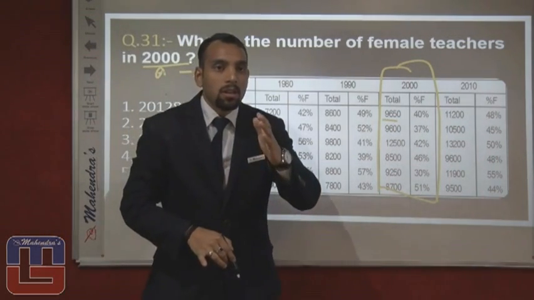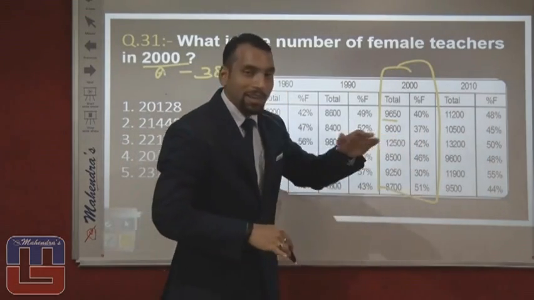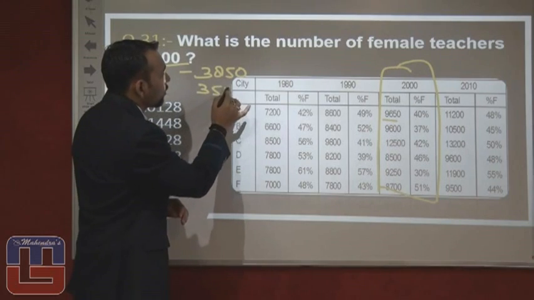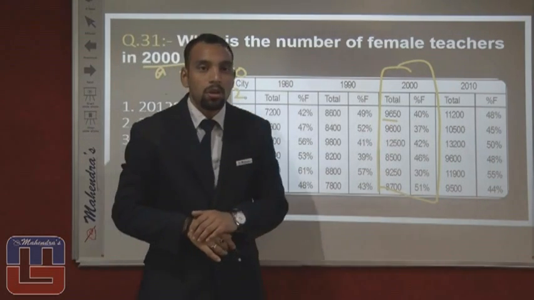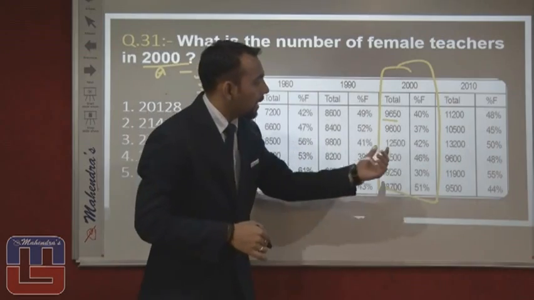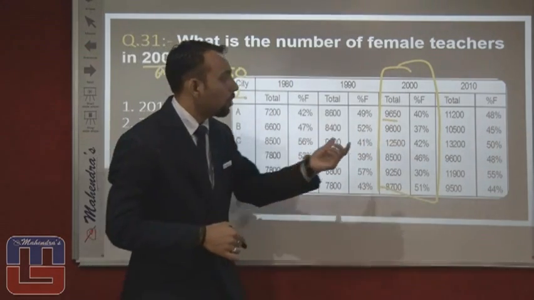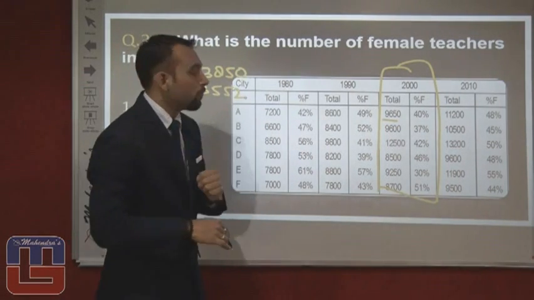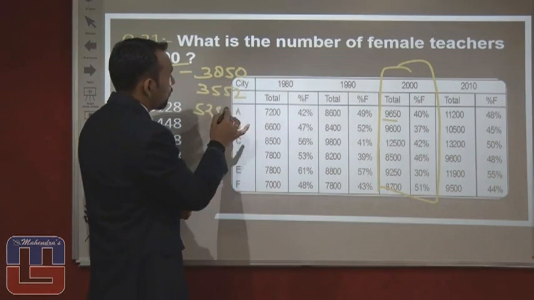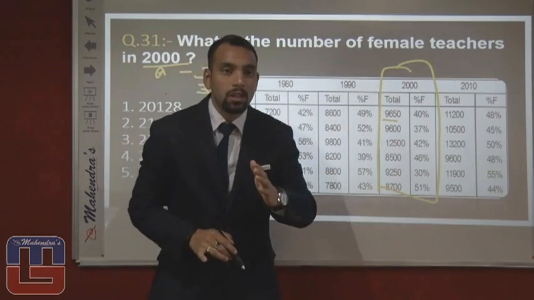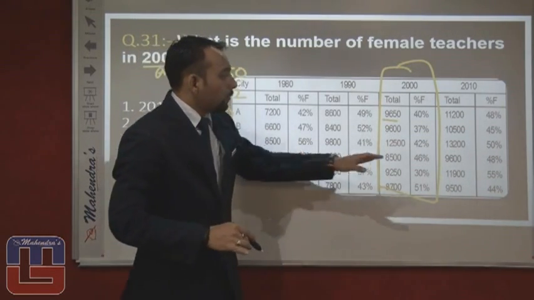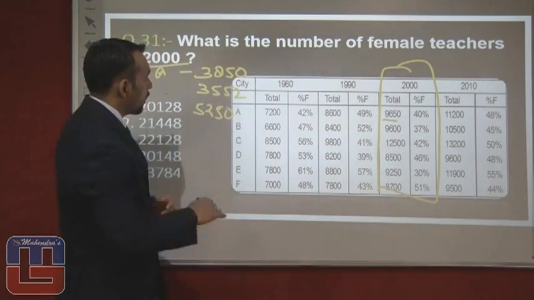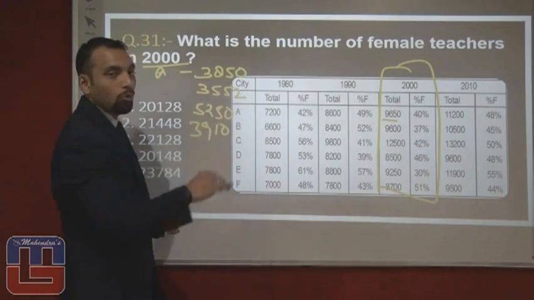On the same case, 37% of 9600 will be equal to 3552. On the same thing we will apply in this city C also. 42% of 12500 is 5250. Alright. In the city D, 46% of 8500, which is equal to 3910.